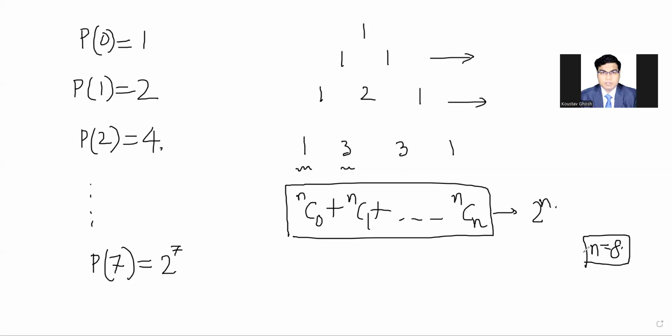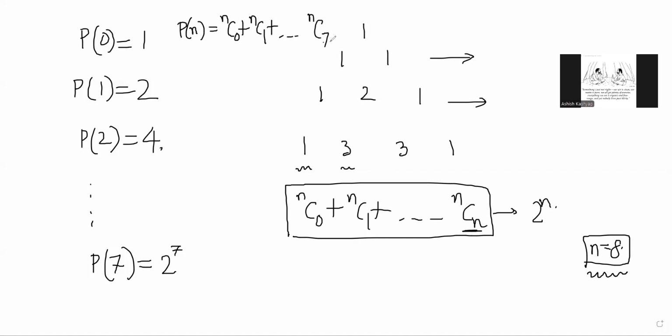Yes. If it doesn't have to fit for n is equal to 8, that means your series should end at 7, right? Yes, sir. So therefore, I took P of n as NC0 plus NC1 up to only 7. Because if you go ahead, then it will satisfy also for 8, right? I hope you are understanding.